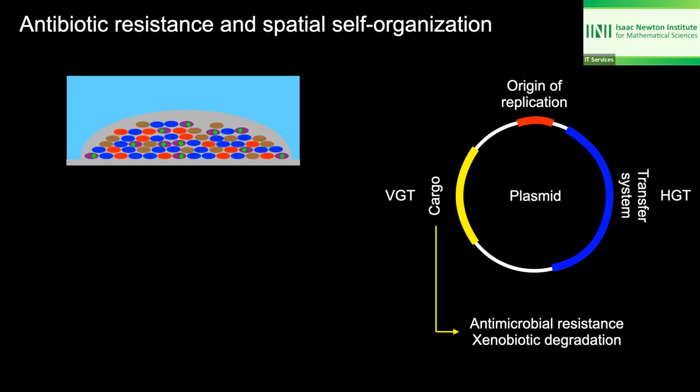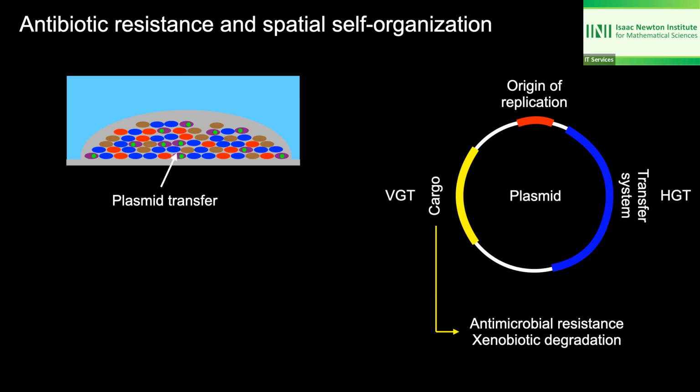Our main interest in this project was to try and understand the fate of these plasmids in biofilms. So we have a biofilm community with a number of different species or genotypes or whatever you want to call them, where some of them contain the plasmid. And as you know, this is an incredibly dynamic process. So several processes can be going on at the same time in these biofilms.